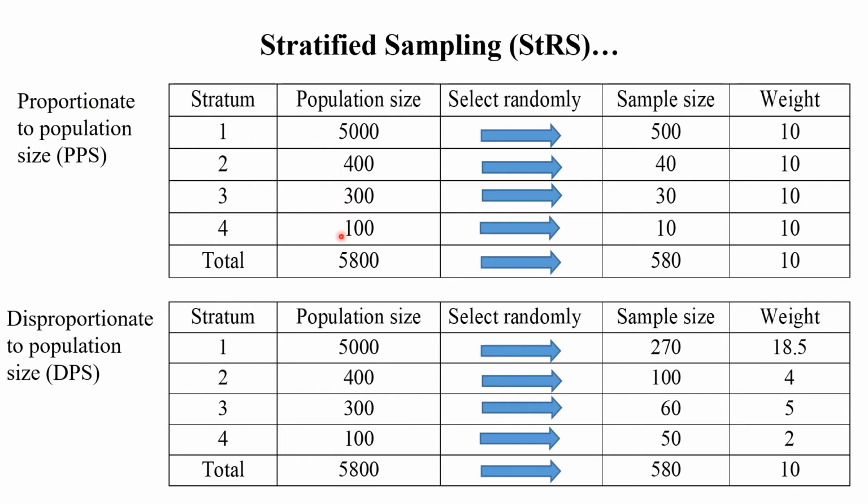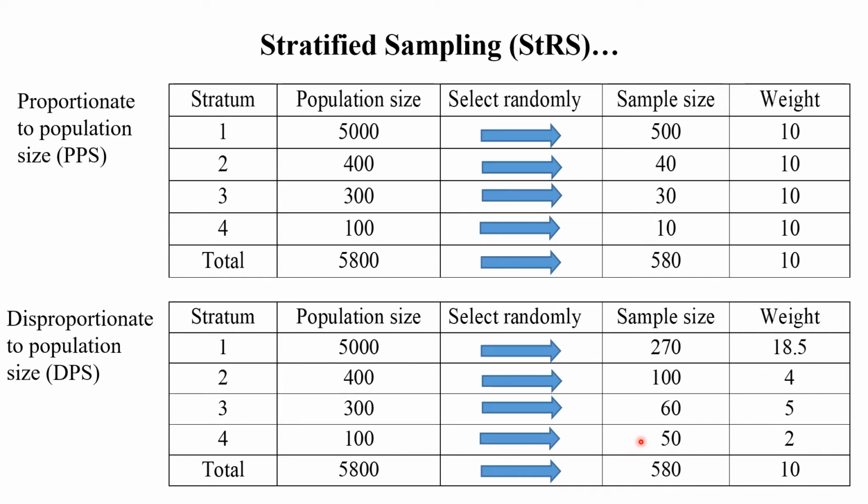Take the sizes, fix the proportion. Let's say 10%. 10% from each stratum. And that's your 580. Suppose you want more representation here, we feel not enough. Then use disproportionate. Right? Can we simply put a number?